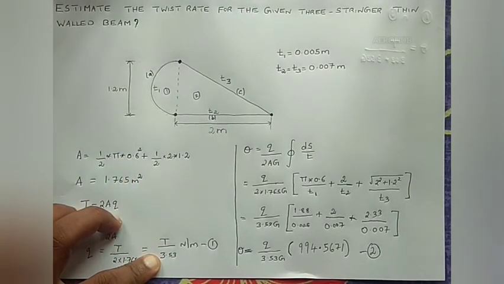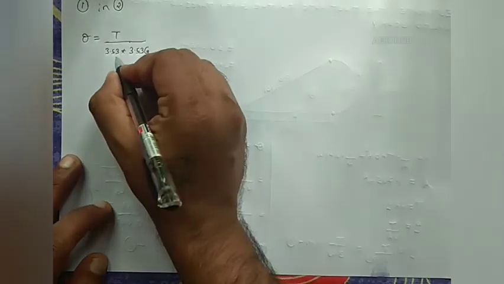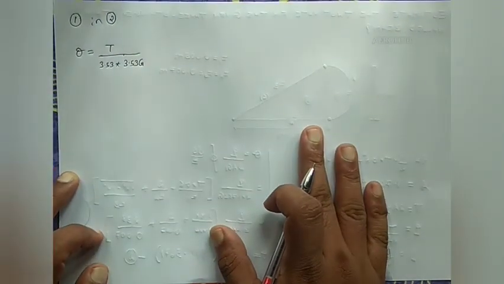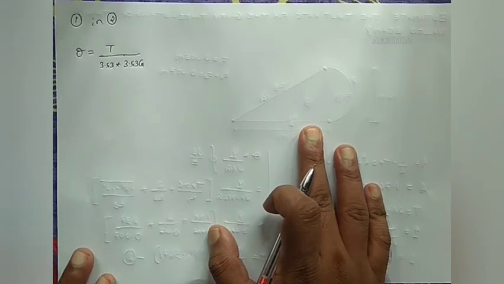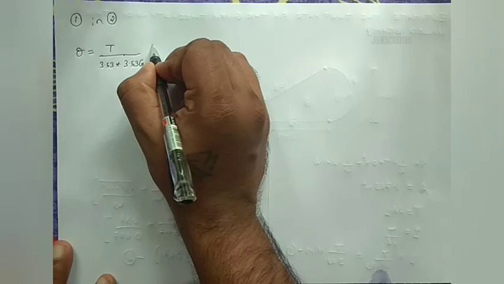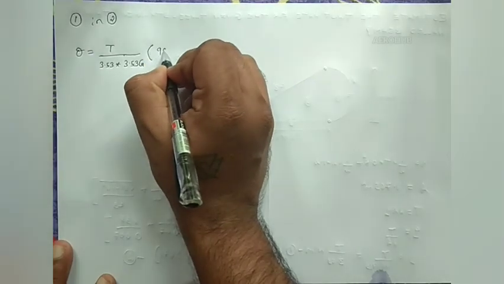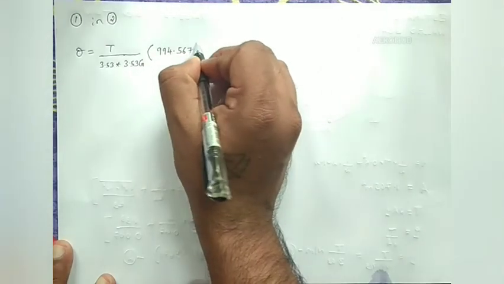So I will be getting theta is equal to T divided by 3.53 into 3.53 into G multiplied by 994.5671.